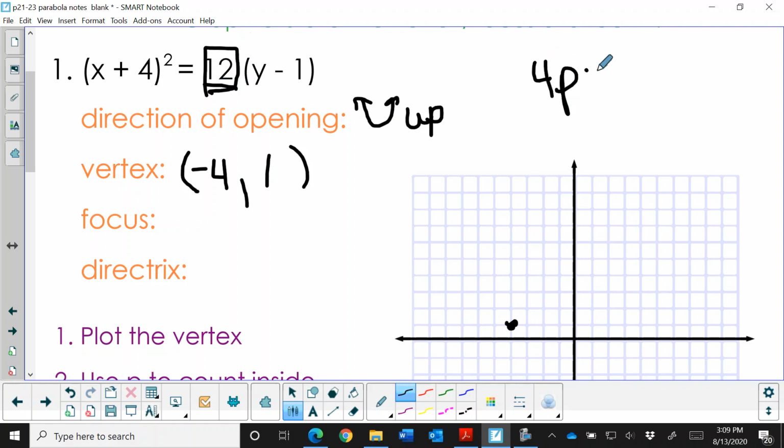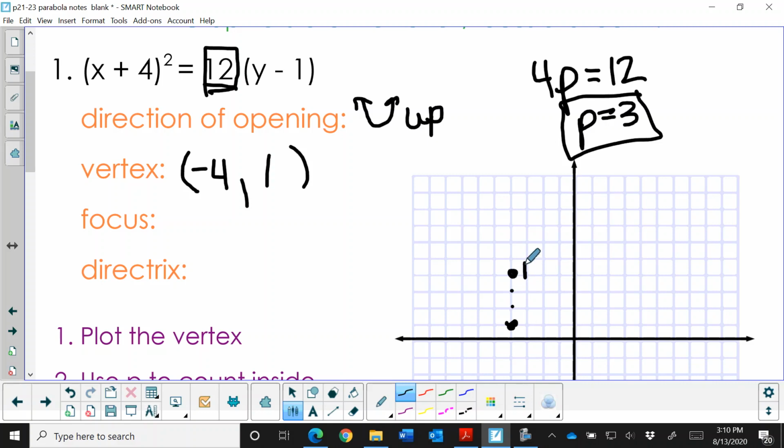I'm going to set 4p equal to that positive 12. That means p is 3. Now, 3 are the units you're going to count from this vertex to find your focus and your directrix. So since this is facing up, I'm going to go up 1, 2, 3.